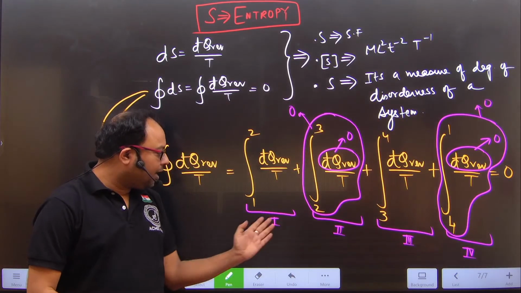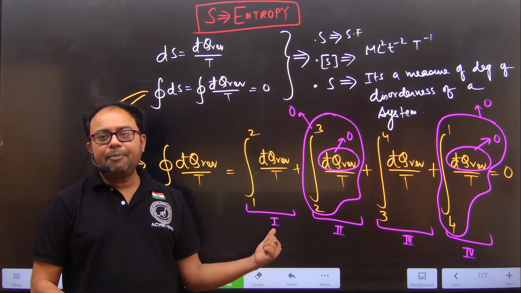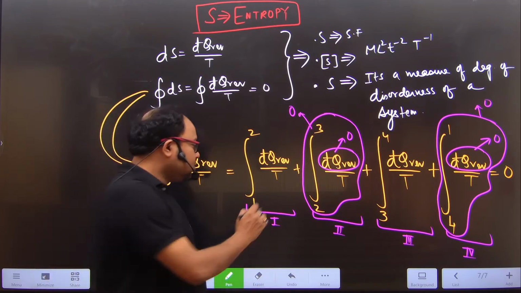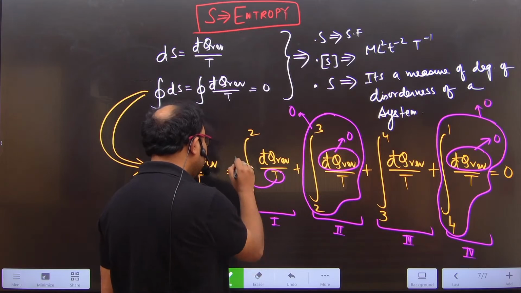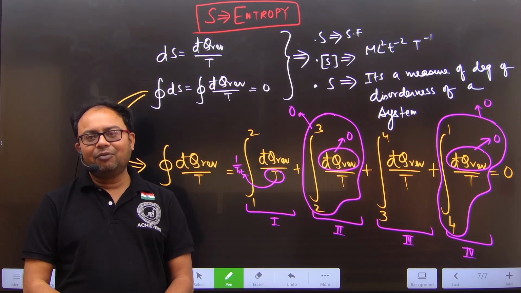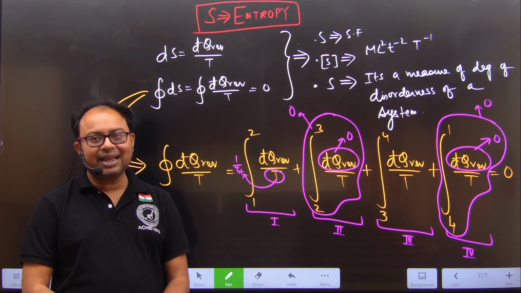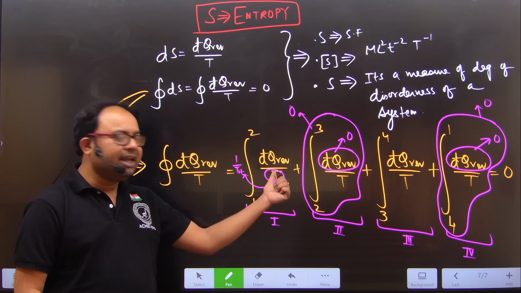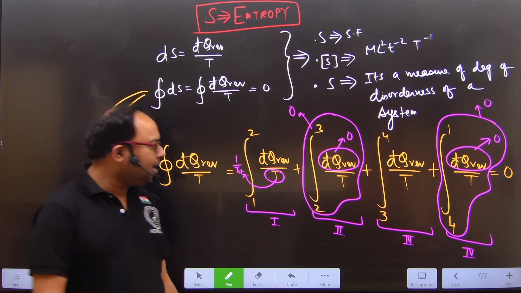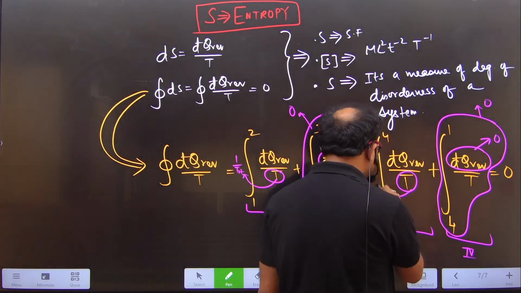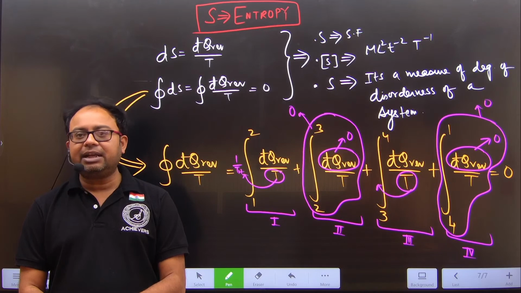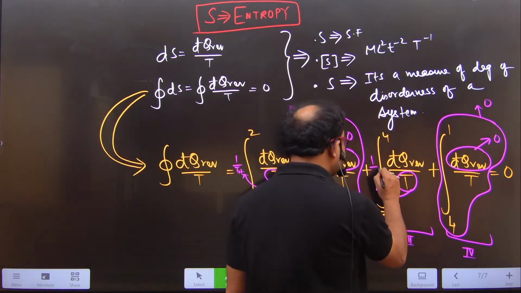And what about 1 and 3? Step 1 is isothermal. If it is isothermal, then temperature is constant, so this 1 by T will be dragged out as 1 by TH, because temperature is constant at TH for step 1. Similarly, for step 3, which is yet again an isothermal process, the temperature is Tc, so you'll have a 1 by Tc term outside.